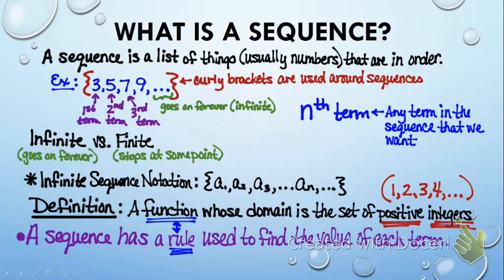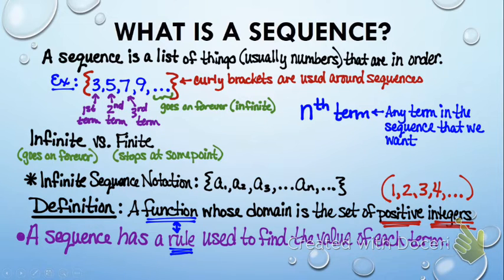So sequences are usually numbers. They're in order. We have a rule to tell us how to find the next term in the sequence. And if we're talking about the nth term, that would just tell us how far into our pattern we're going to go.